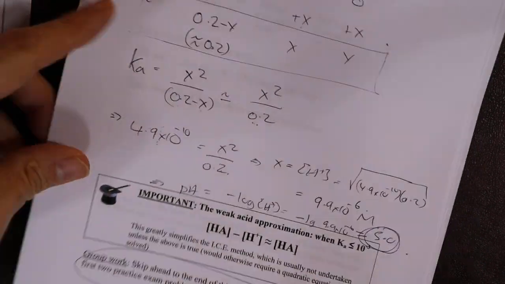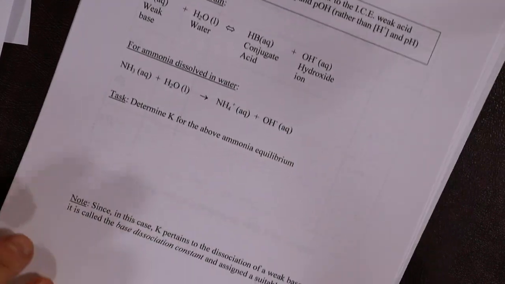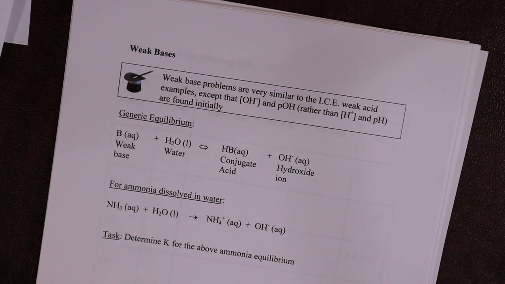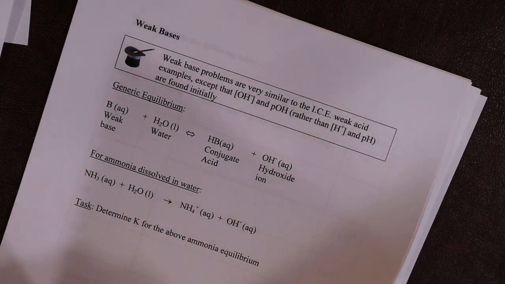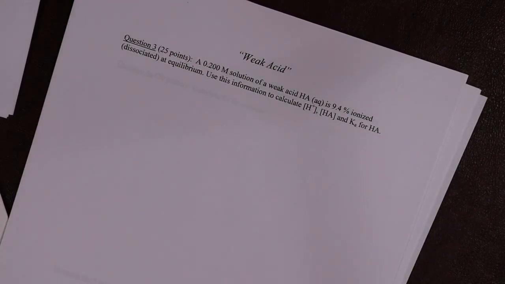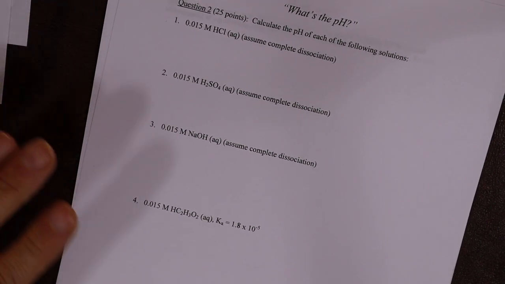So if we go to the back of the packet, we'll do weak bases in the next thrilling installment, right? Okay. So that's the next packet. Sorry, that's the next video. In the back of the packet here, we have a couple of old exam questions, all right, and both of these are going to be worth 3 points of extra credit.